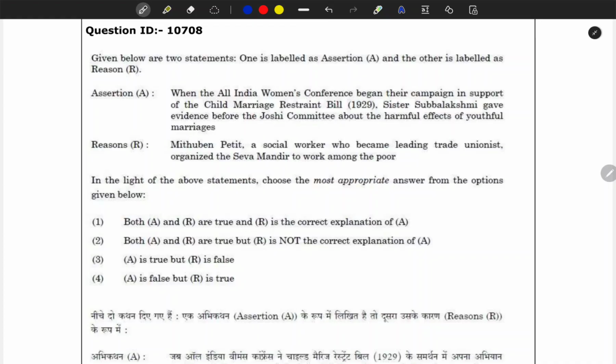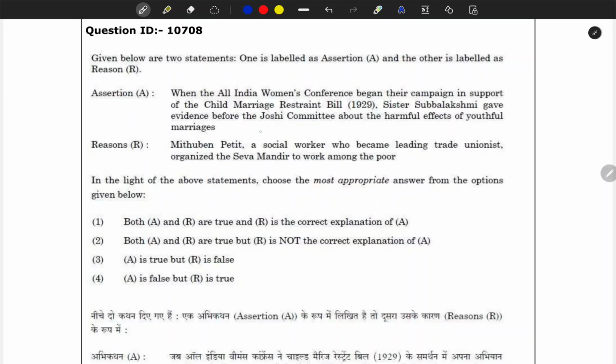When the All India Women's Conference began their campaign in support of the Child Marriage Bill 1929, Sister Subha Lakshmi gave evidence before the Joshi Committee about the harmful effects of youthful marriages. Okay, it might be true, we don't know. Mithu Ben Petit, a social worker who became a leading trade unionist, organized the Seva Mandir to work among the poor.